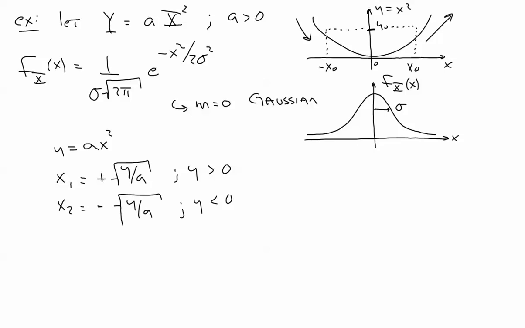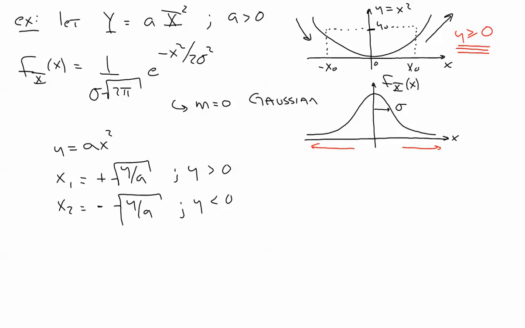All right? It's real important at this point that I point out something for you. Although x can be plus or minus, the zero mean Gaussian has x values that are both positive and negative. Up here, y is always greater than or equal to 0. Y has no negative values.